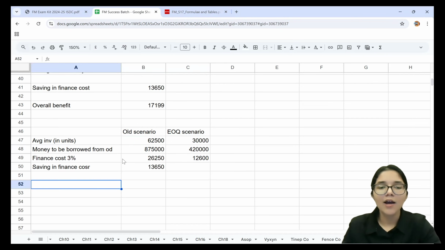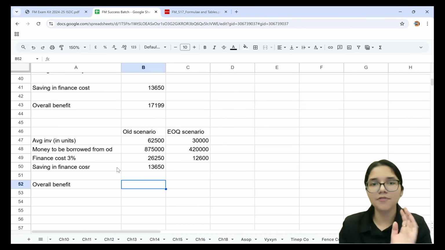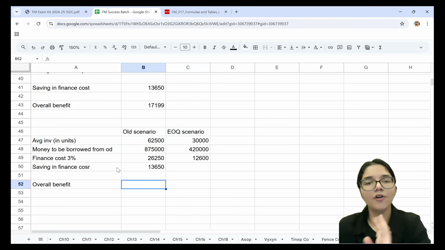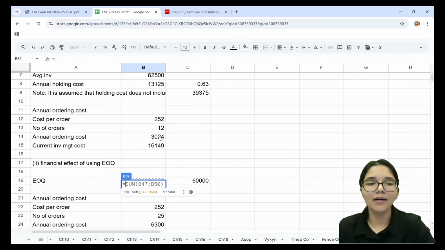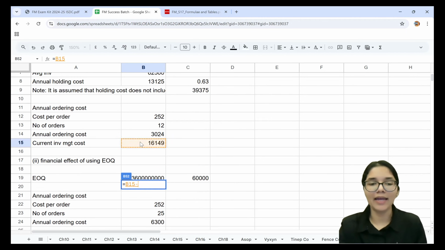Okay. So now what you can do is to find out the overall benefit. Overall benefit will be 13,650. You can take it as it is because you've already done the comparison. And then the other benefit is how much you were paying earlier in total. In total, your cost was coming out to 16,149.